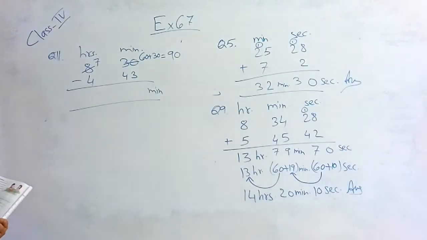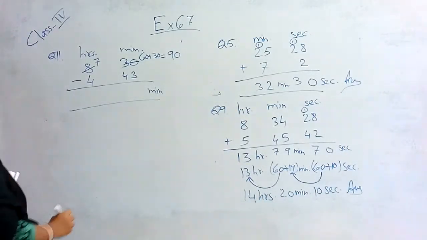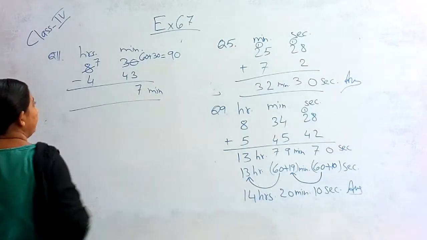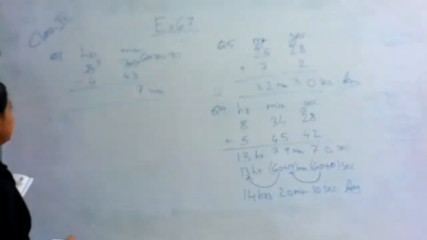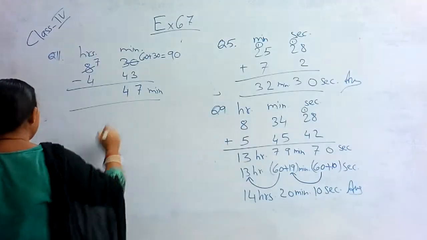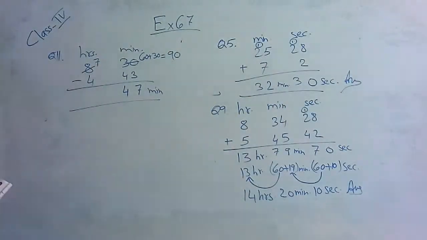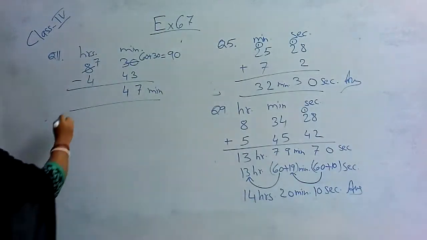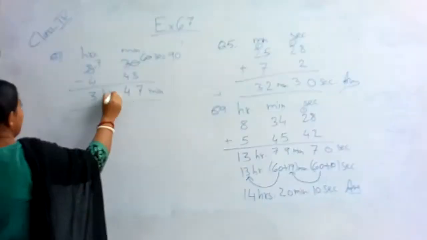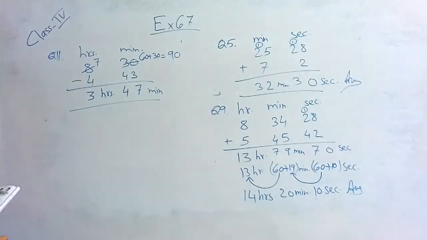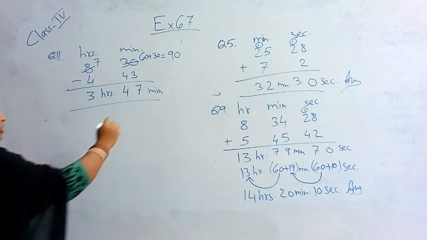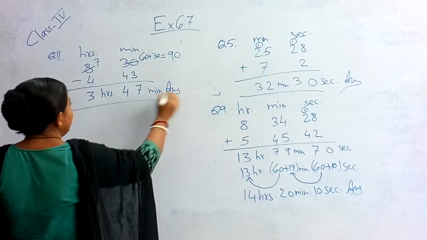So 90 minus 43. Subtract it. This will be 7. 4 plus 1, 5, 6, 7, 8, 9. That is 47 minutes. And this one is 7 minus 4. 3 hours, 47 minutes. The answer is 3 hours and 47 minutes.